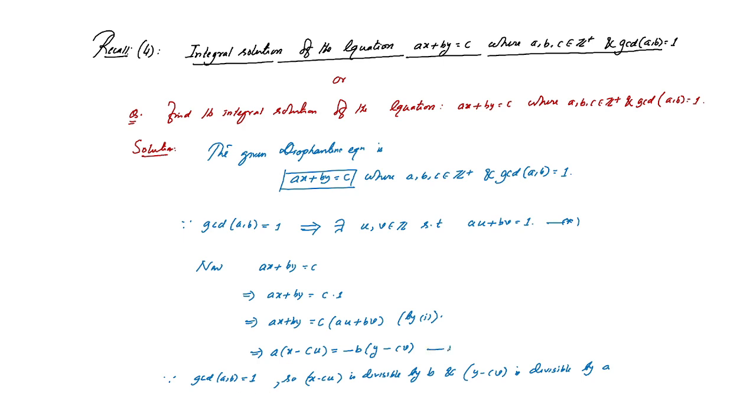So from this we get (x minus cu) by minus b equals (y minus cv) by a, and because x minus cu is divisible by b and y minus cv is divisible by a, it must be an integer.